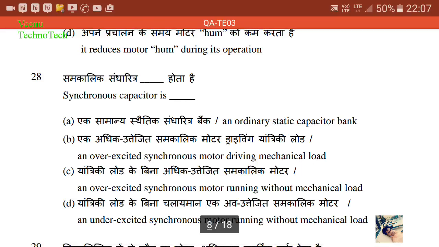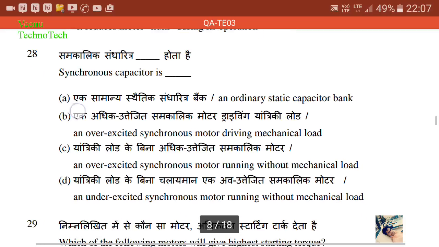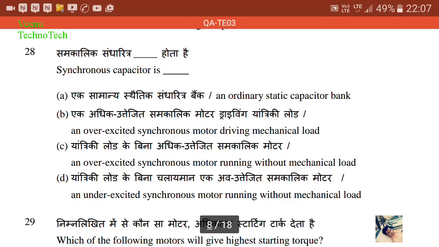Next, synchronous capacitor. An ordinary static capacitor, an overexcited synchronous motor driving mechanical load, an overexcited synchronous motor running without mechanical load, an underexcited synchronous motor running without mechanical load.